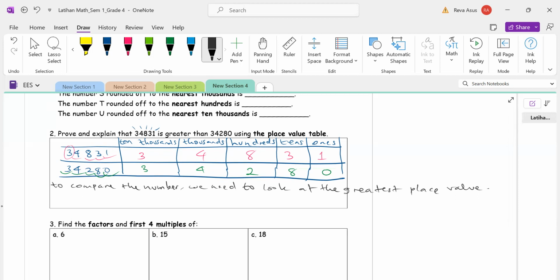The greatest place value here is 10,000. Let's take a look, 3 and 3. It has the same number, so we cannot compare it because it is the same. Next the thousands, 4 and 4, same number. And then hundreds. We have a different number in hundreds.